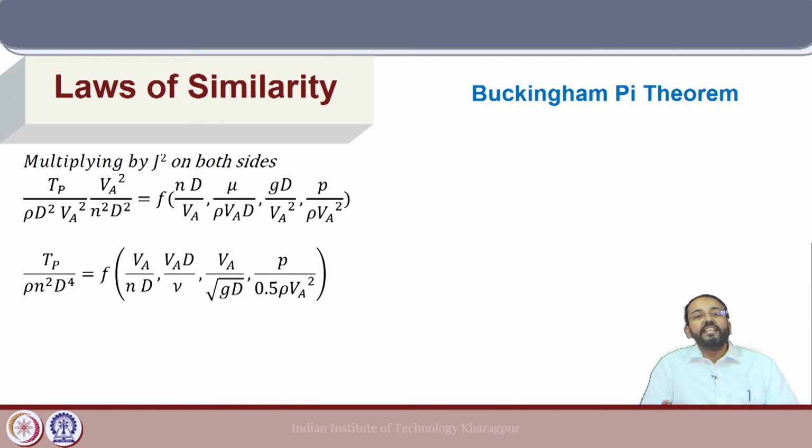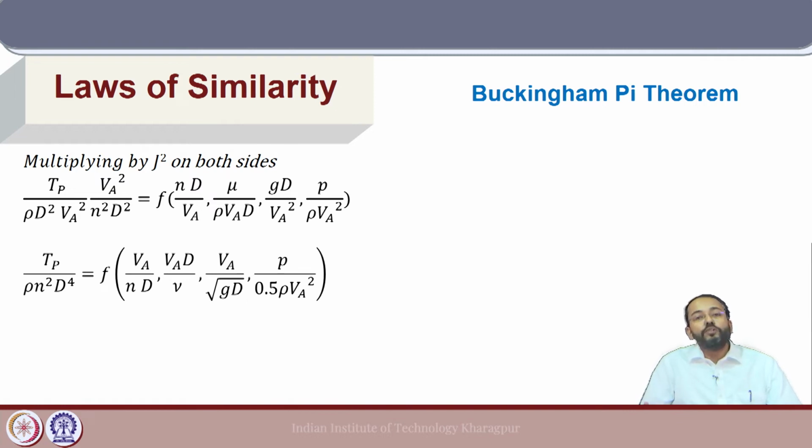Va by nd is nothing but the advance coefficient J itself. Va d by nu is the Reynolds number, where d is the characteristic length if we take it as the propeller diameter.